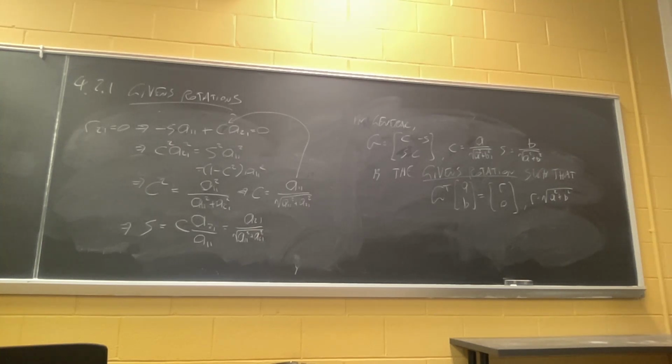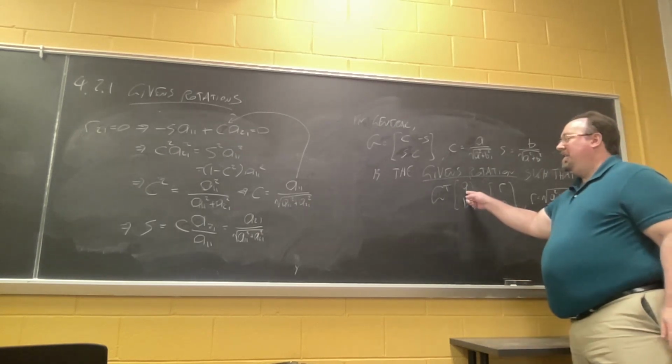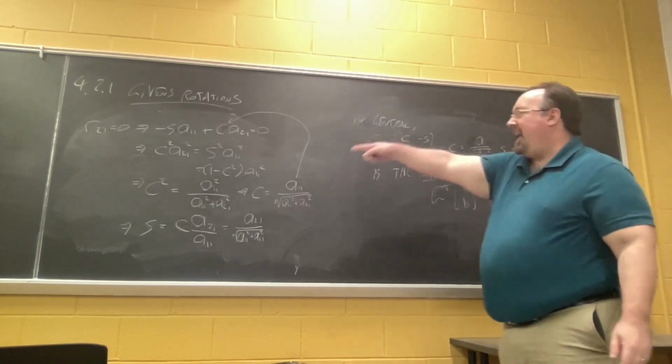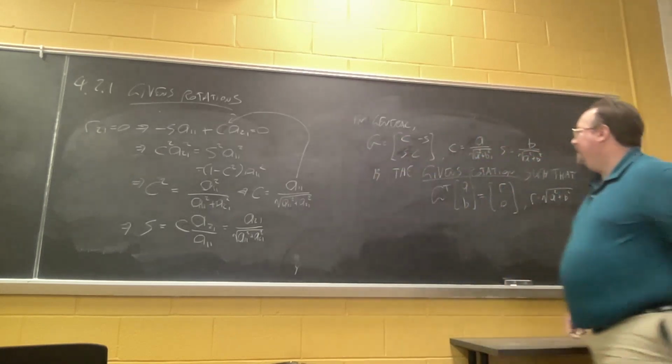So if A11, or A in this case, turned out to be 0, which would have messed up what I had over here, it would have caused some difficulty.